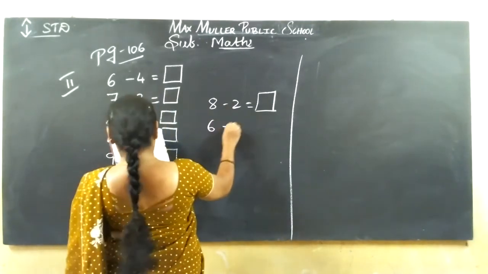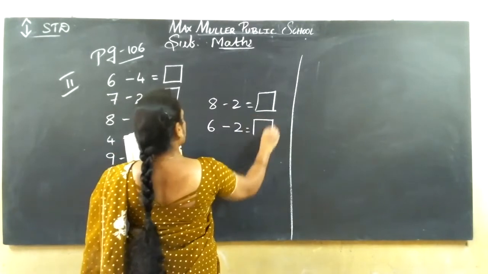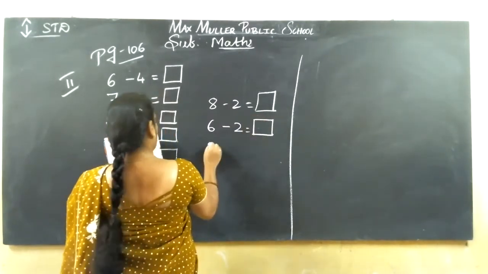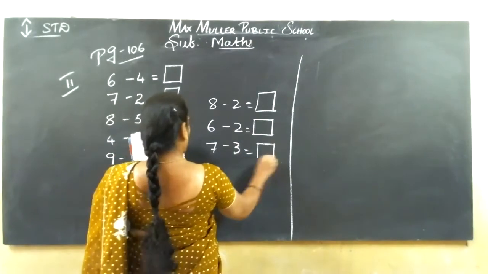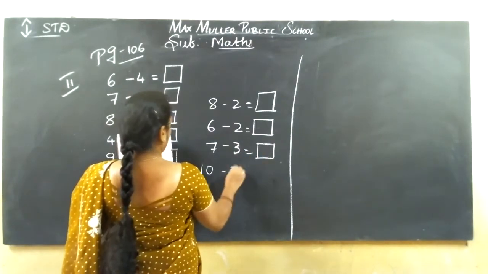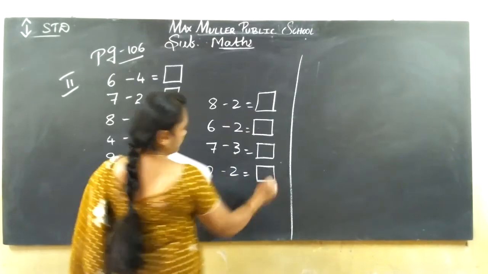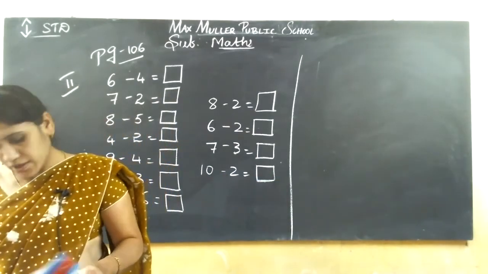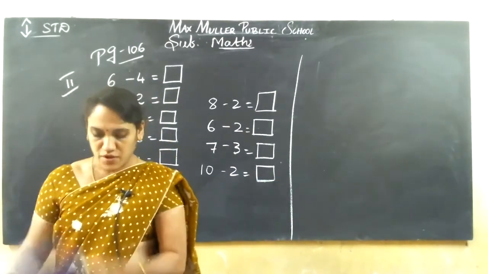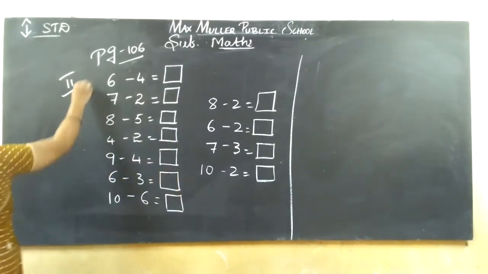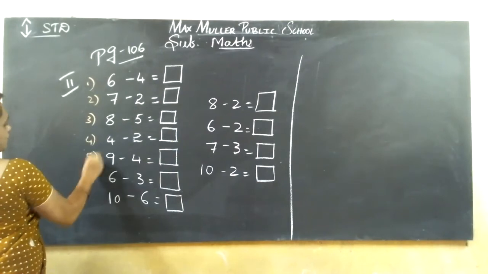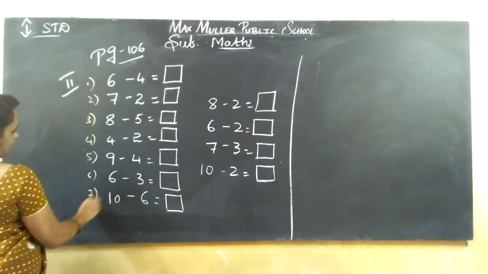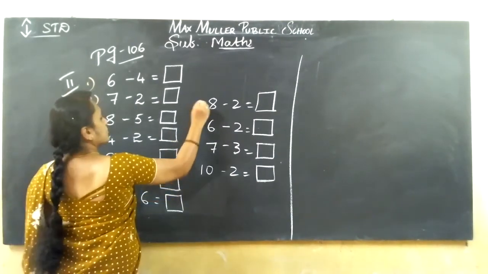That's why I'm continuing beside. If you get confusion, you can write the numbers like this: 1, 2, 3, 4, 5, 6. Numbers, they are not printed. If you get confusion, you can write and keep.